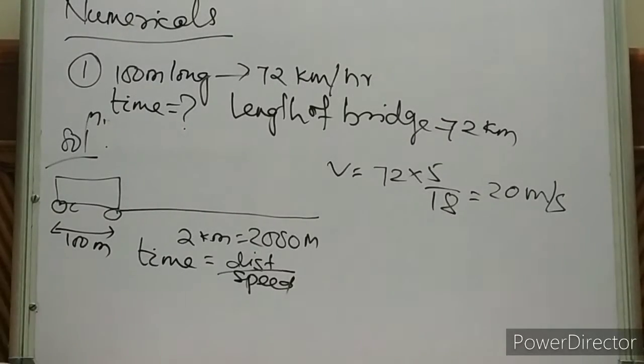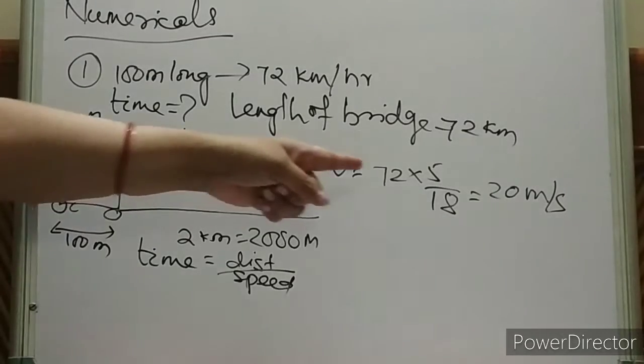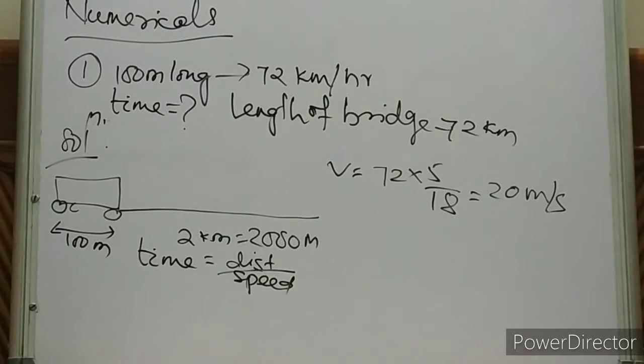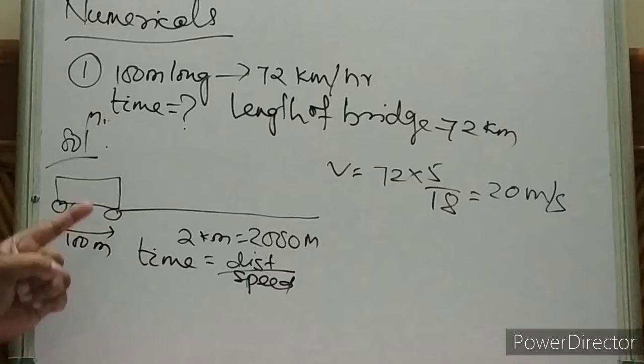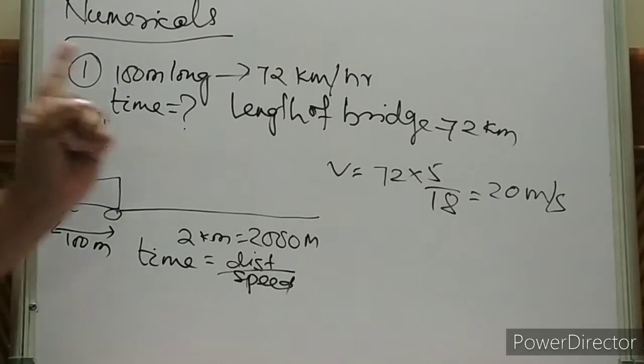Okay. So distance, then speed we have already calculated. It is given 20 meter per second. Now what is the distance? Immediately I know you will be telling 2 kilometer. Is it 2 kilometer children? Because the question is given, find the time it takes to cross the bridge.